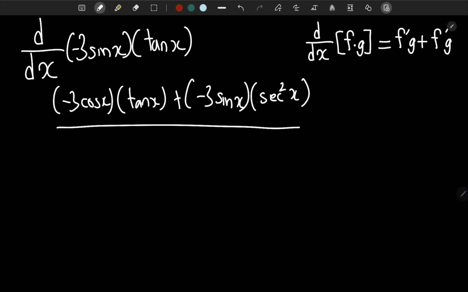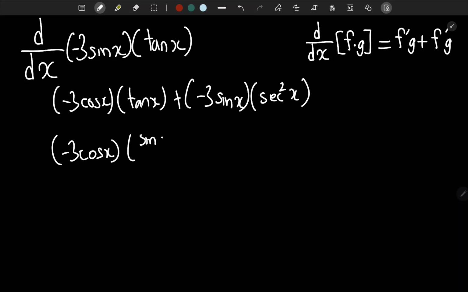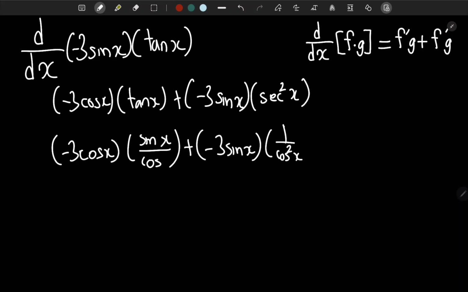Now again, you can simplify this answer, and as we know, tan is sine over cosine, so let's write negative 3 cosine x into sine x over cosine x, and cosine can cancel out with cosine here, and we are left on this side with negative 3 sine x, and then secant squared is 1 over cosine squared x.